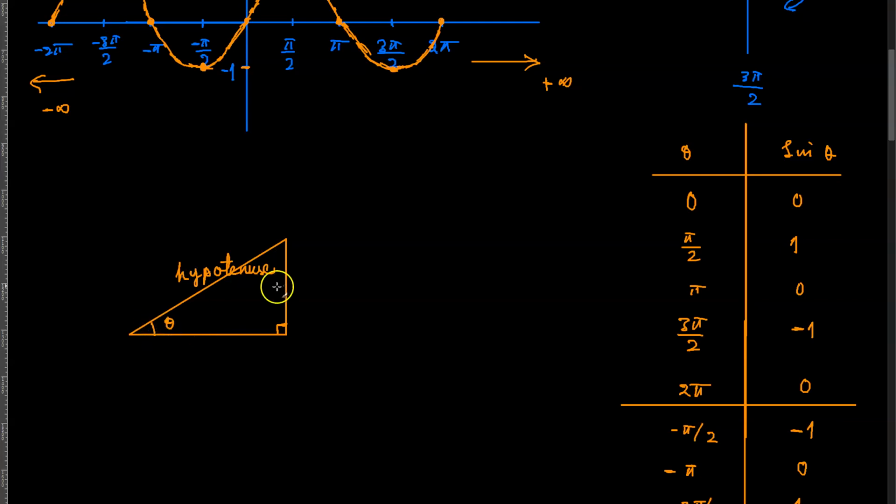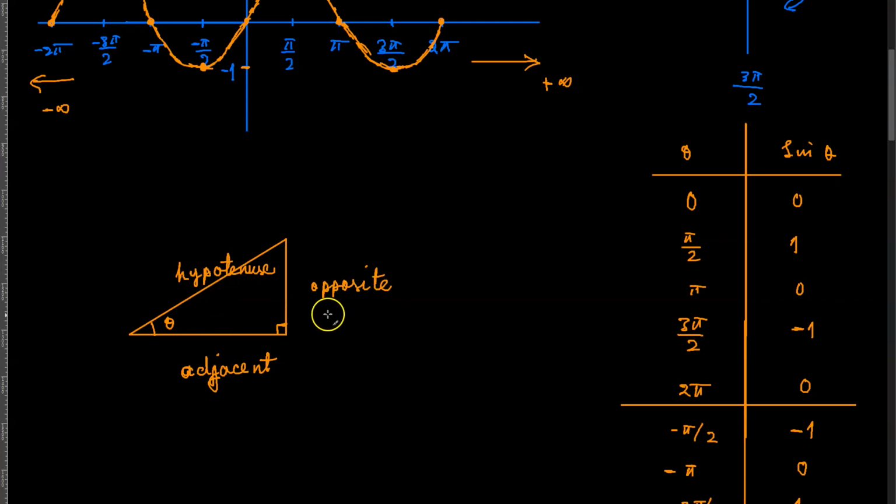If you take theta here, then relative to theta this side becomes opposite, and this side becomes adjacent. This is just so that we have some terminology to talk about these sides.